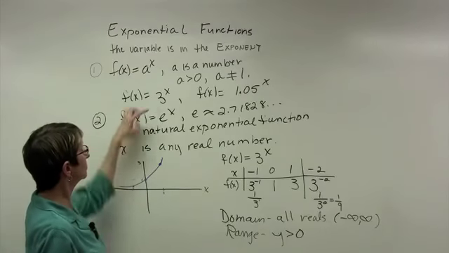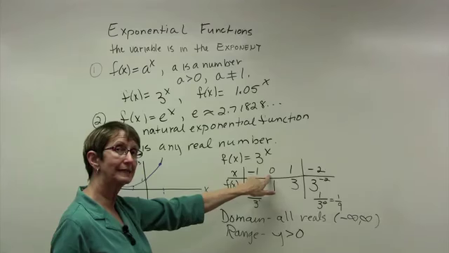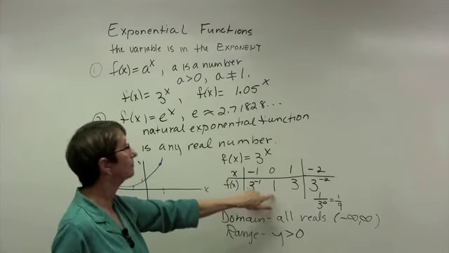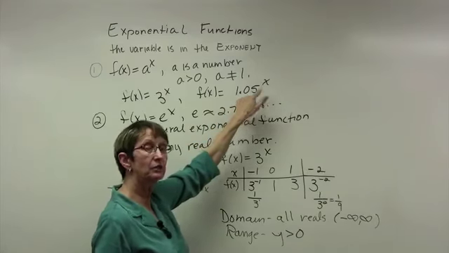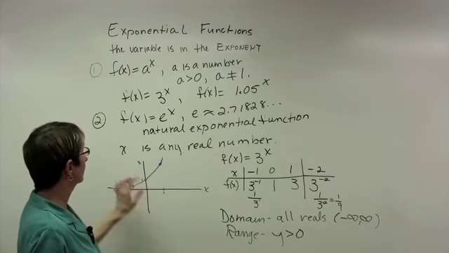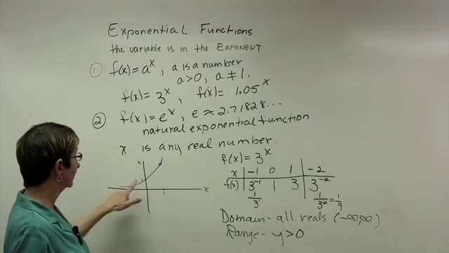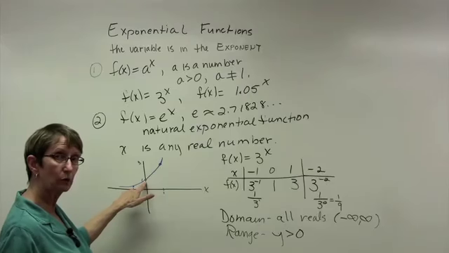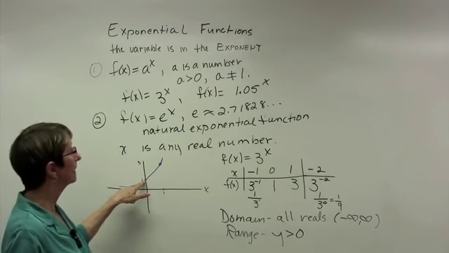And one thing to note, no matter what the base is, every time you plug in x equal to 0, you'll get y equal to 1. 3 to the 0 is 1. 1.05 to the 0 is 1. E to the 0 is 1. So for just a to the x or just e to the x, it goes through x equal to 0, y equal to 1.